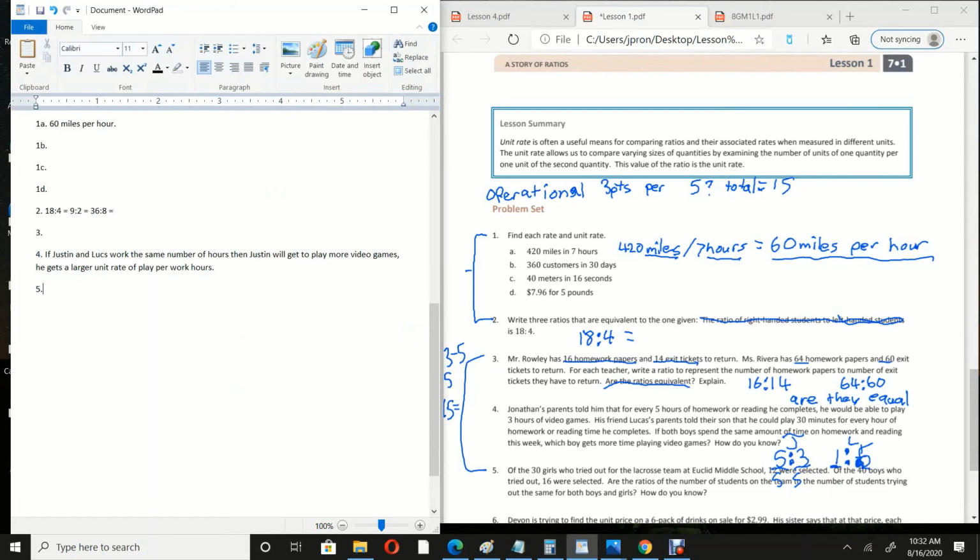Come back and we would have in our response, if we wanted to repeat the question, we would say, these ratios are or aren't equivalent.